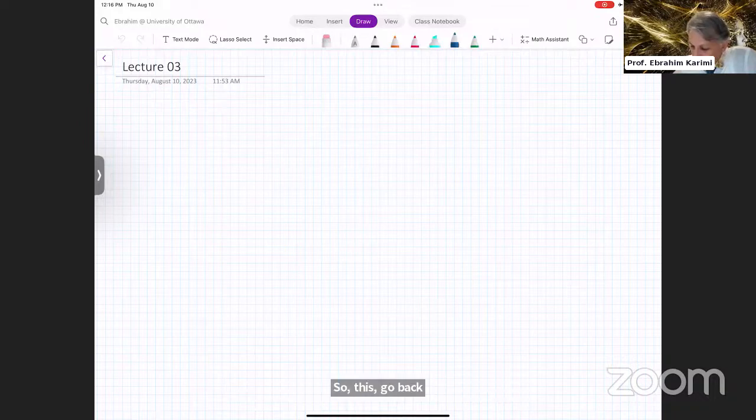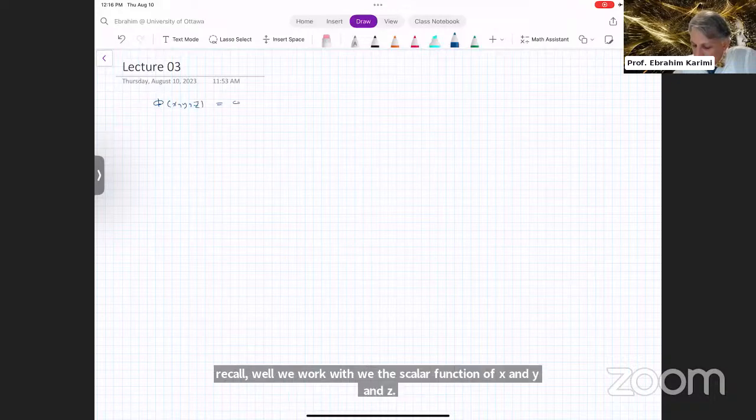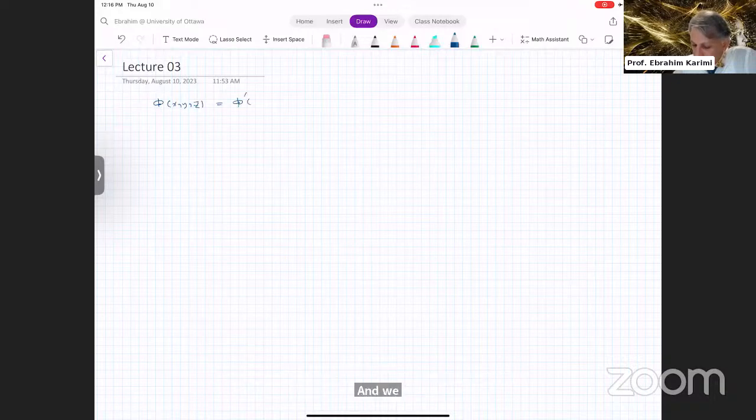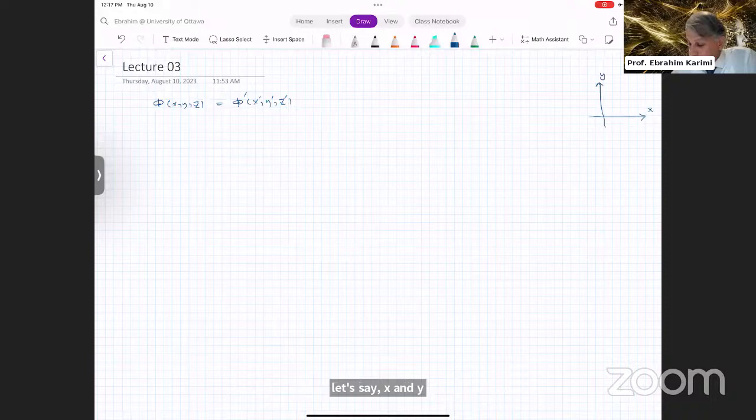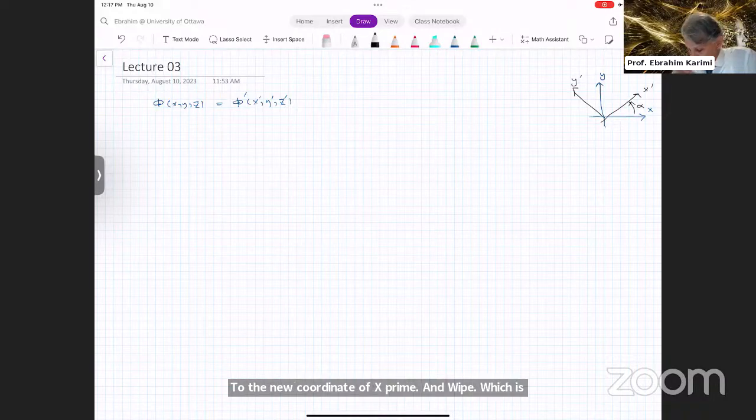So if you recall, we worked with the scalar function of x, y, and z, and we said that this scalar function, if you do a rotation, is still the same. It is true that the coordinate is changing from, let's say, x and y to the new coordinate of x prime and y prime, which is rotated by the angle alpha.